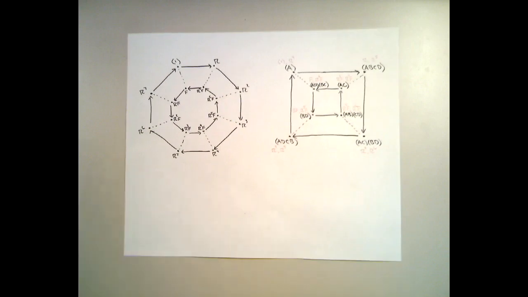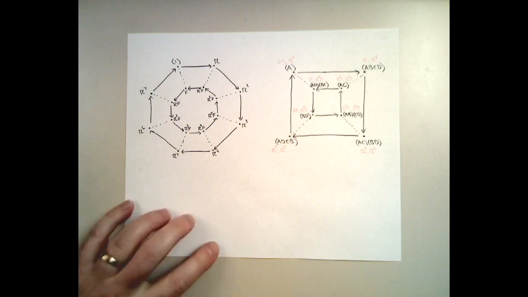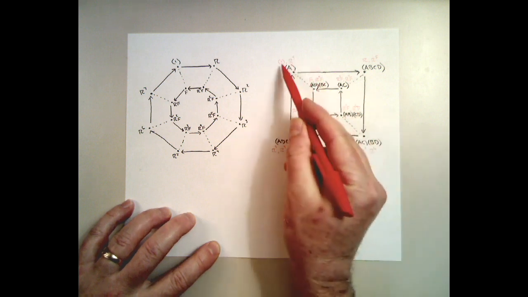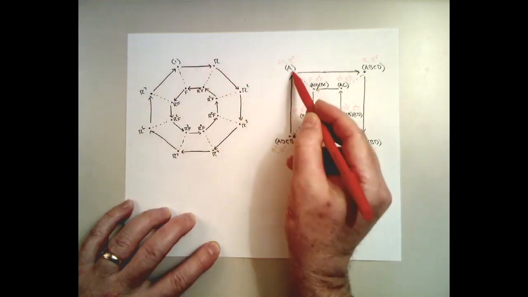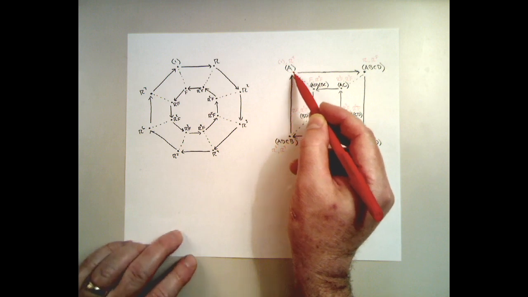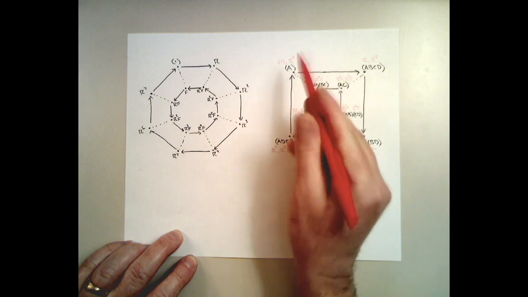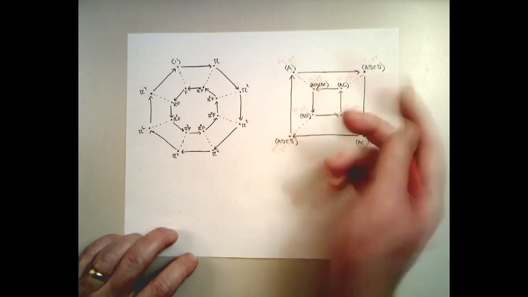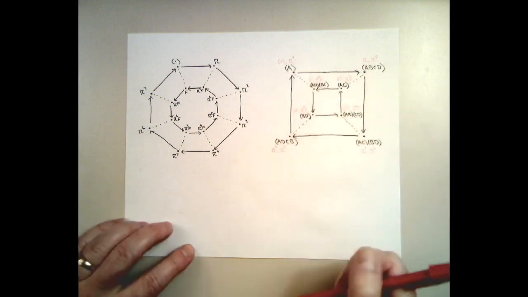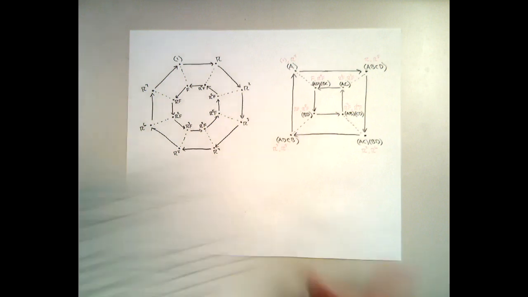So here we go. What this shows is that the identity element in Z8 cross Z2 was mapped to the identity element in Z4 cross Z2, but the element R4, in other words, 4 rotations, also gets sent to A. I'll show you that here again, right?